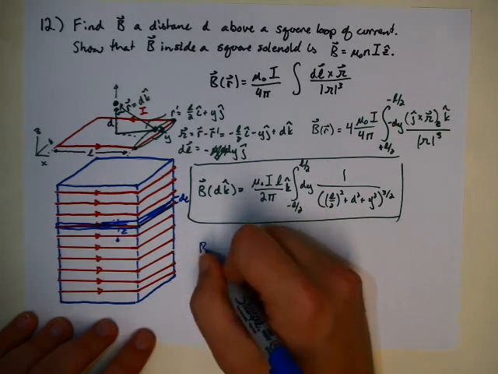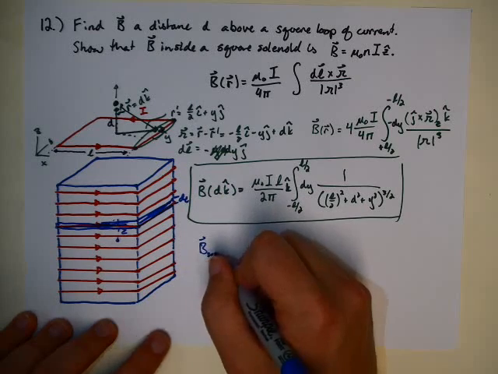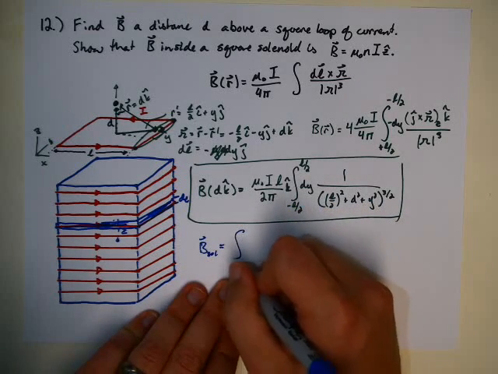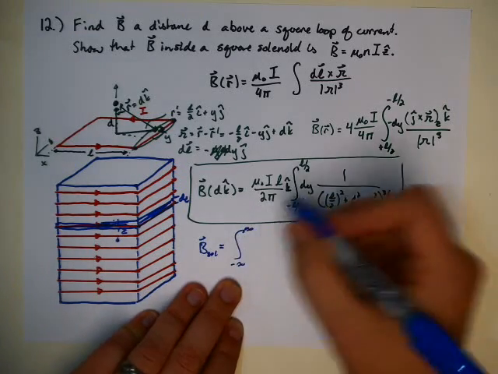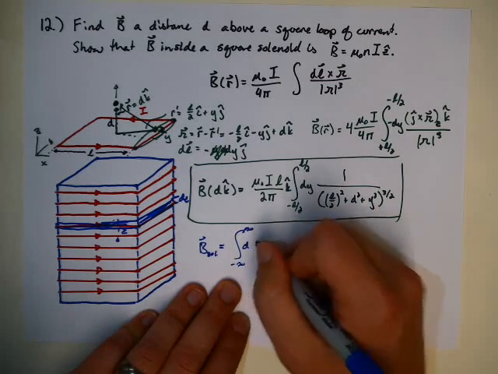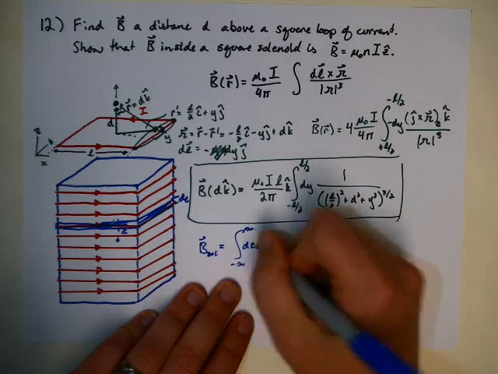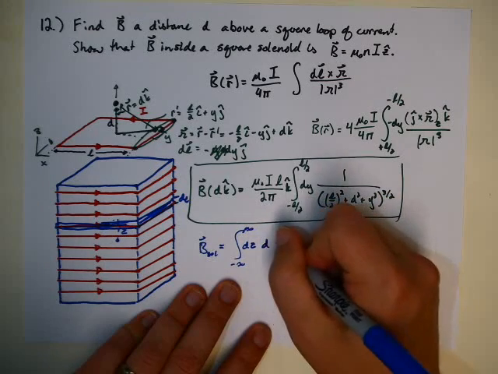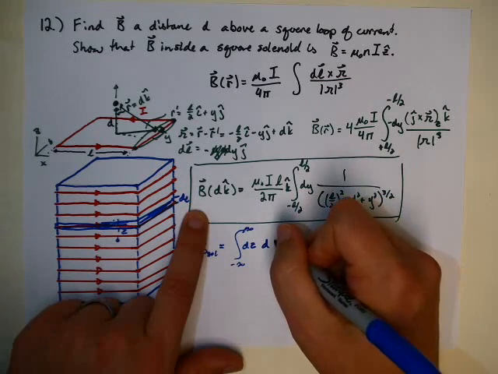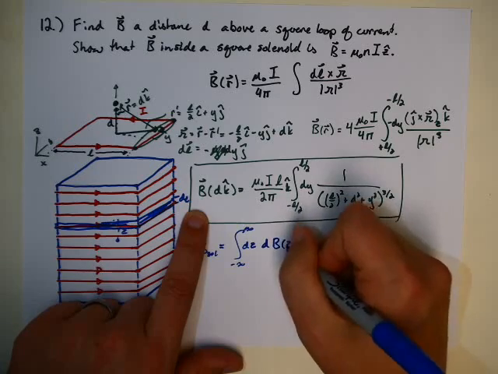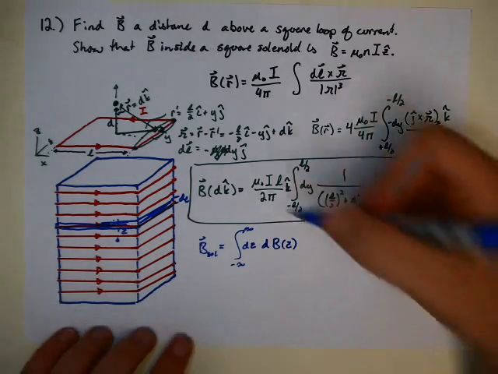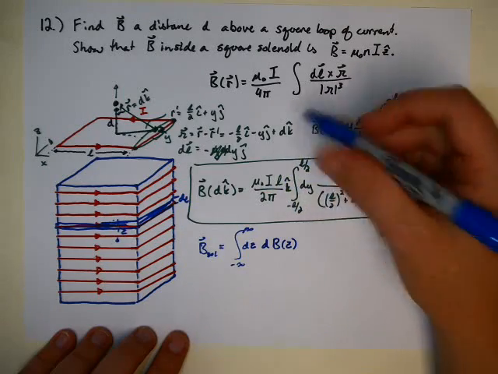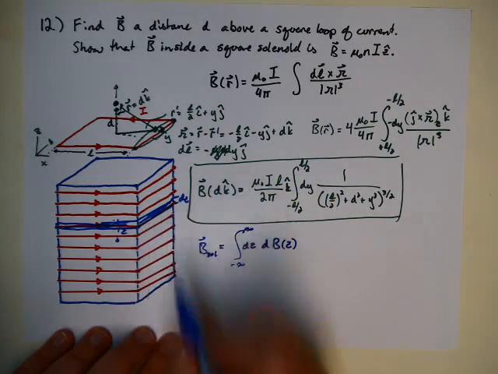And what I'm going to say is that the magnetic field for the solenoid is going to be equal to the integral from negative infinity to infinity, so over all space, of dz, and then some differential element here, db, which is a function of z, which is what I have. So this is this b of z, although I have to be careful about what I plug in for the I. What I want for the I is the amount of current in this width dz.